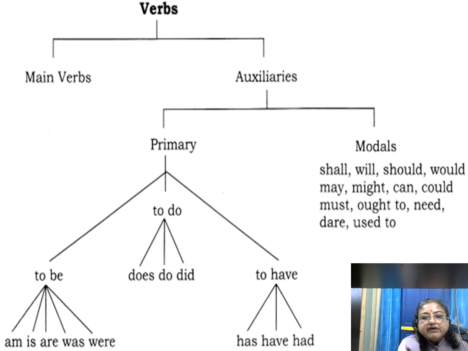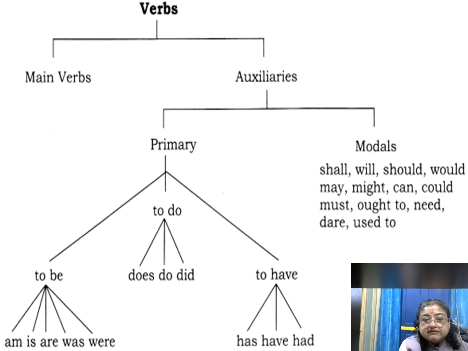In this way we divide different kinds of verb, and we have to study them separately, step by step, otherwise you can't understand or use them in communication, writing, or verbal English.